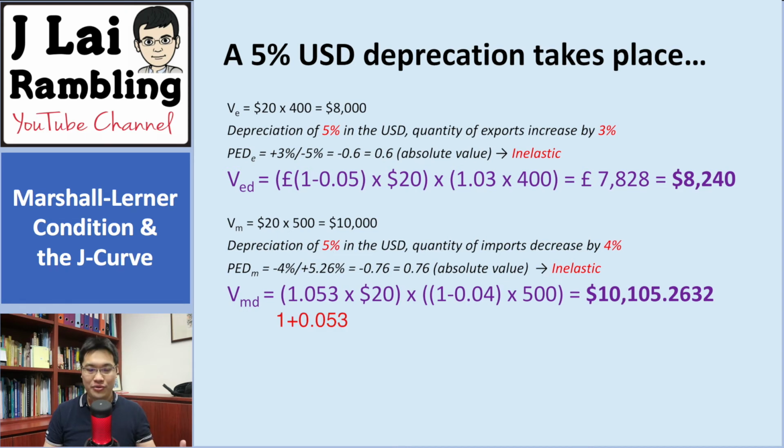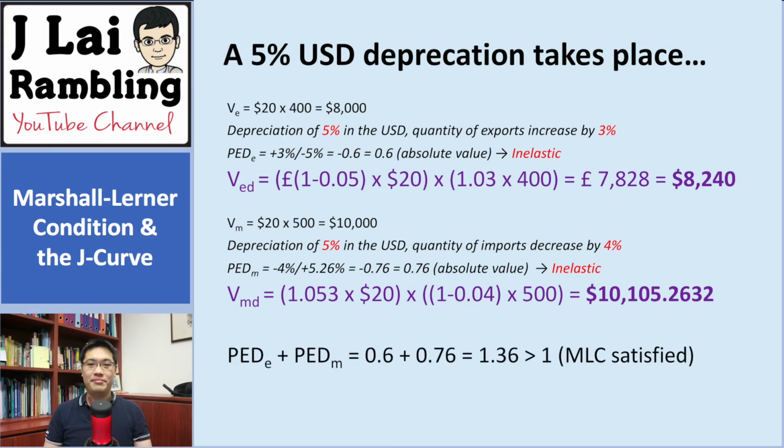I have to add 1 to it because it is now more expensive. I multiply the two terms together. This gives me the new price multiplied by the new quantity demanded. And since the imports has fallen by 4%, it is now 0.96 multiplied by 500, and I multiply the two terms together and gives me the new import value after depreciation has taken place, which is $10,105.2632.